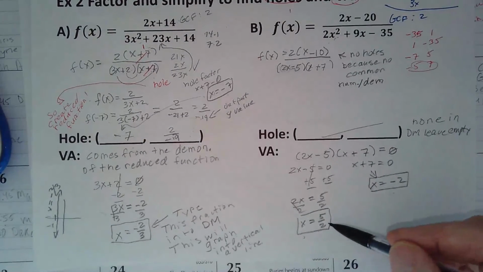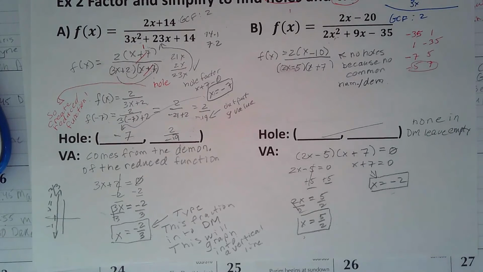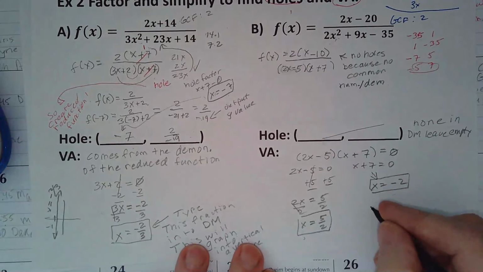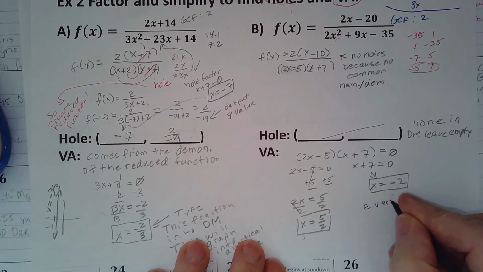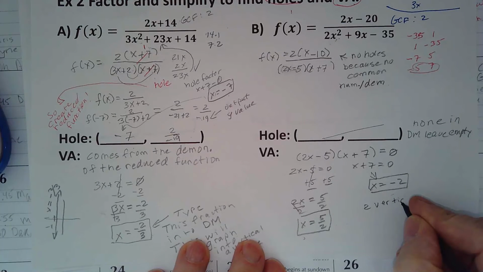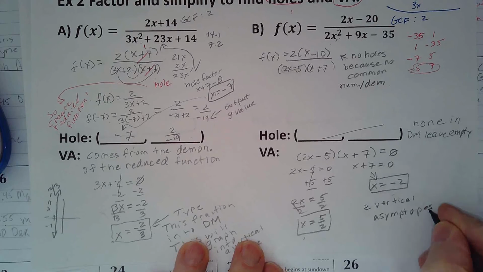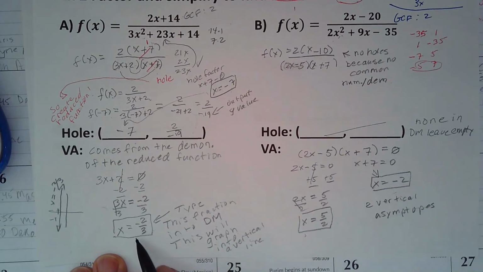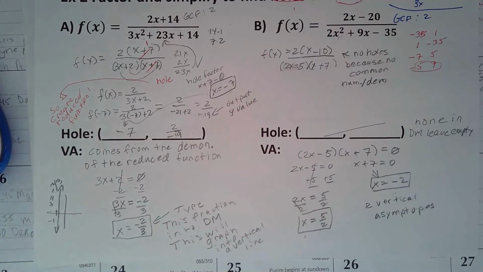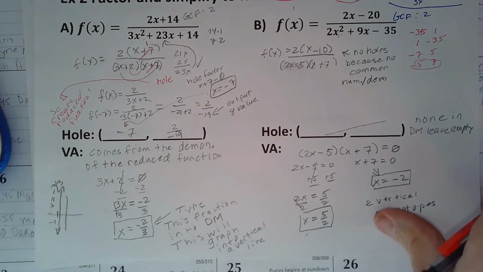So there's one here at 5/2, there's one here at -7. Okay, 2 vertical asymptotes. Over here you had 1 vertical asymptote. Here you have 2. All right, so let's move on.